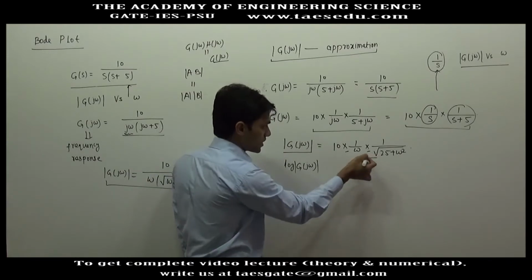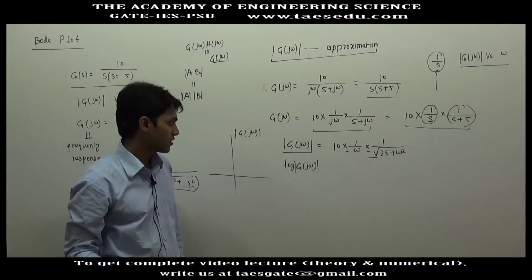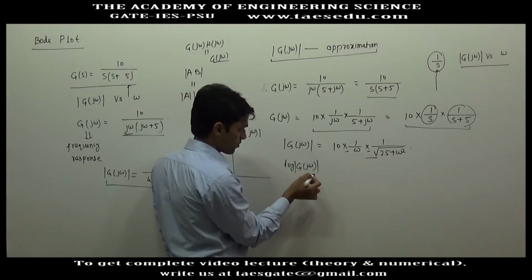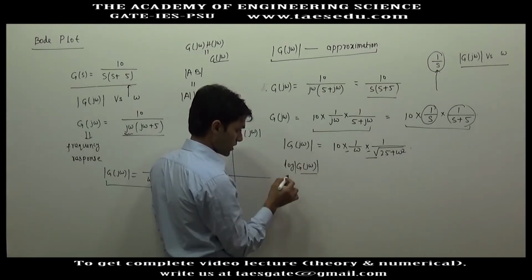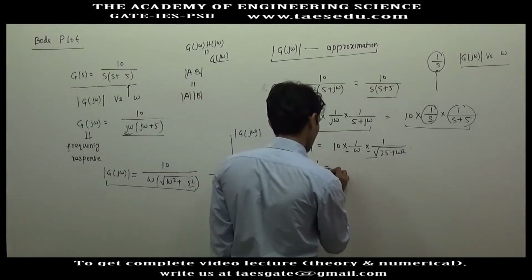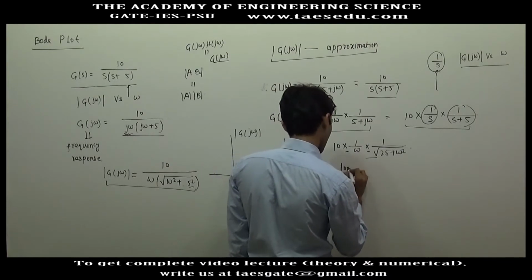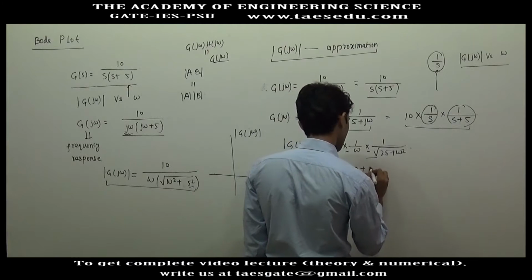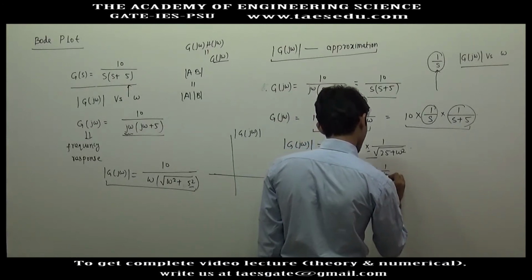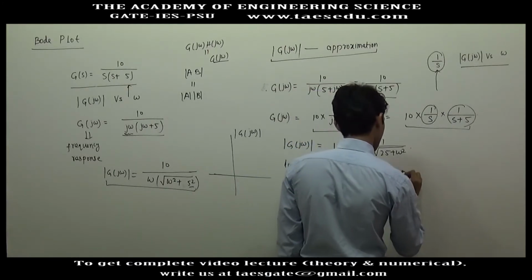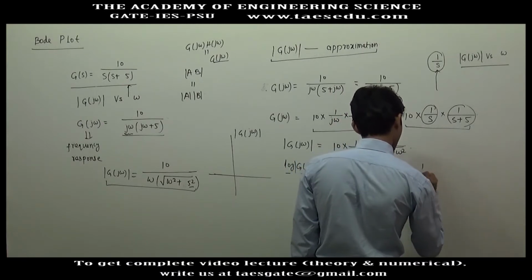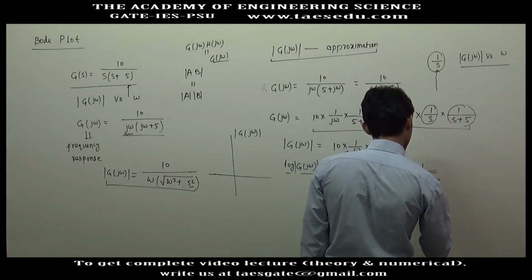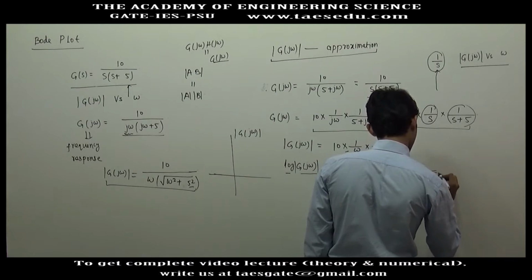So to get rid of multiplication, instead of plotting magnitude of G(jω), I am taking log of this. So what we will get here, we will get log 10 plus log 1 upon ω plus log 1 upon root under 25 plus ω square.